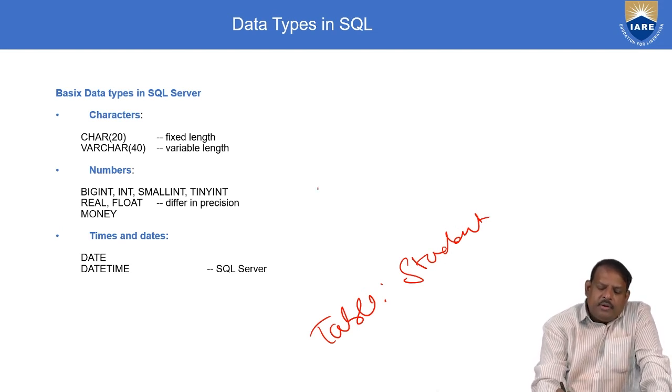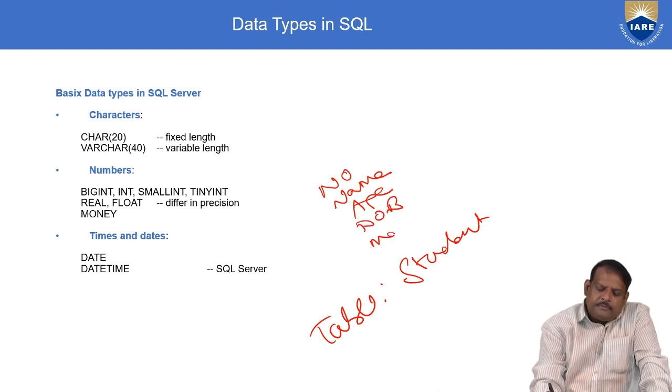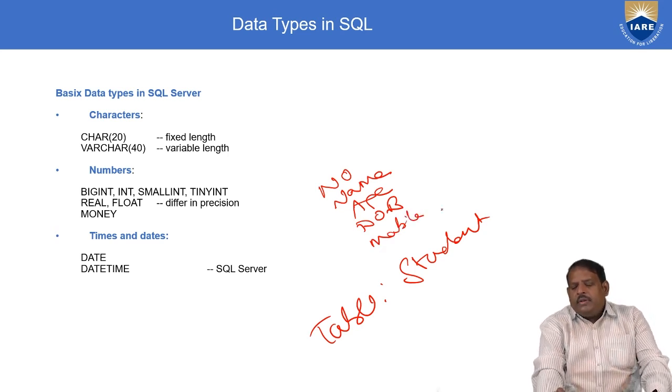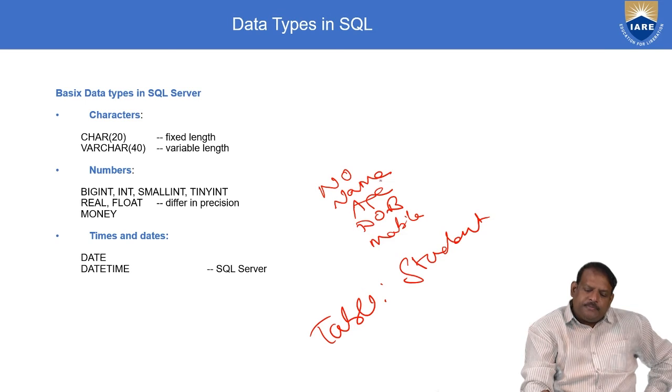Student will have student number, name, age or date of birth, and mobile number, etc. These are the various attributes of the student table.